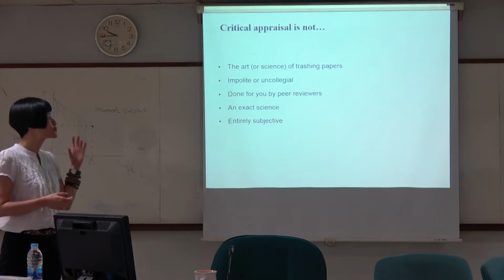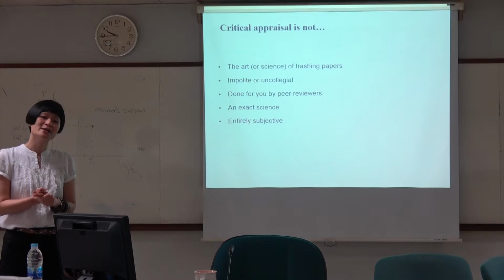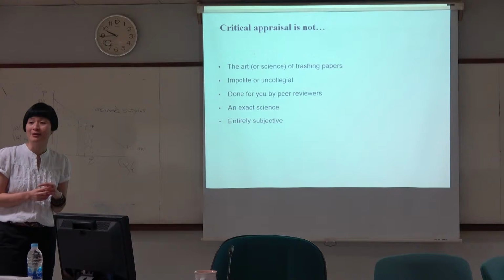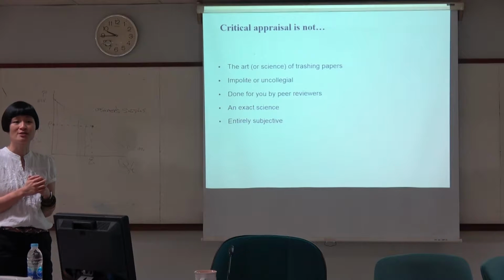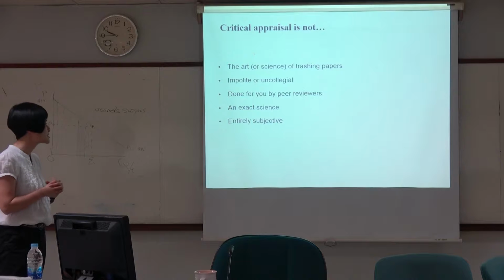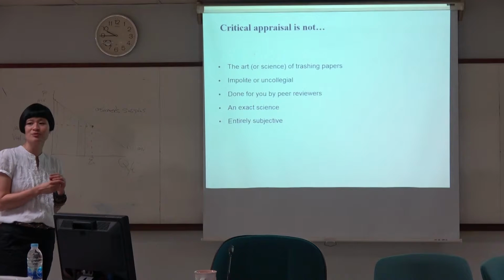So critique it with respect, in a manner that you'd like your work to be critiqued. It's not an exact science, as I said, it requires judgment. So really, predefined criteria and transparency is what is going to help you through this. And it's entirely subjective.